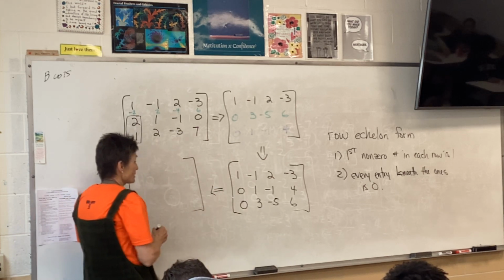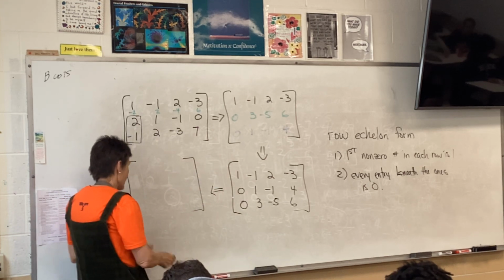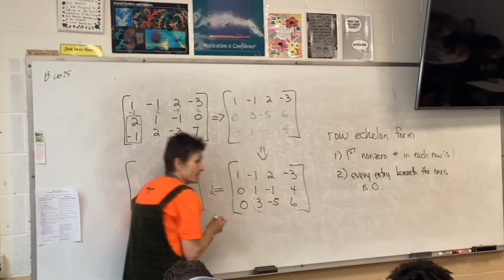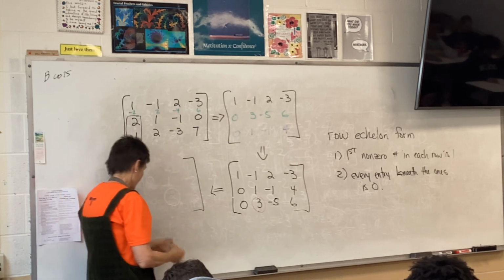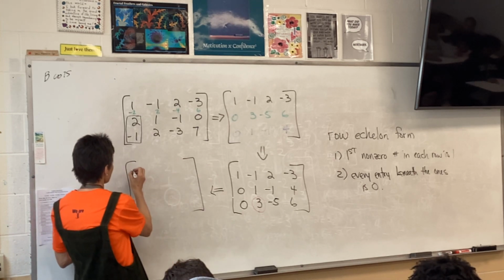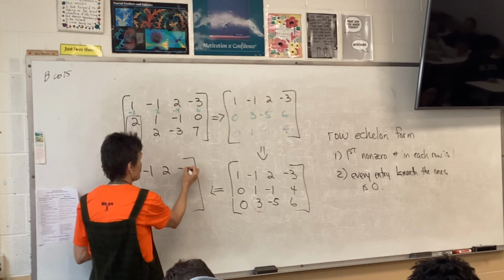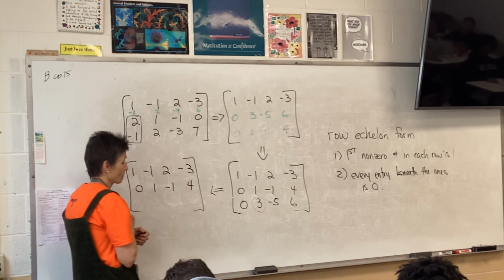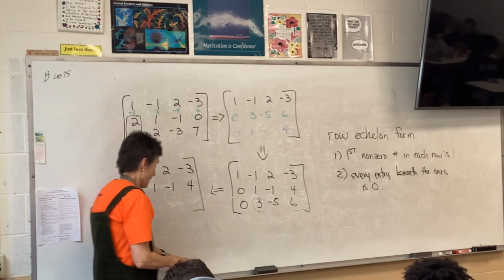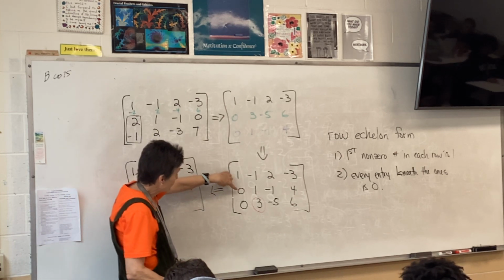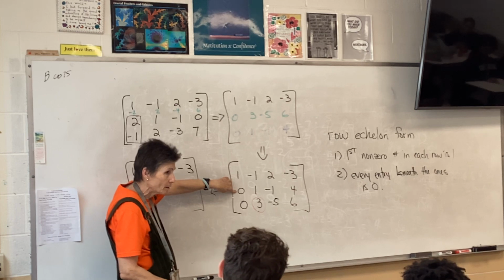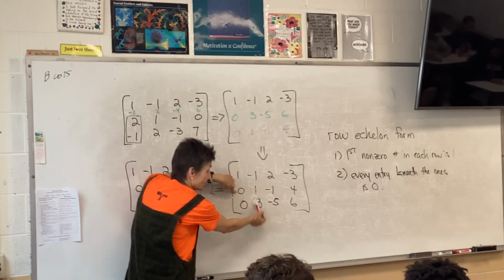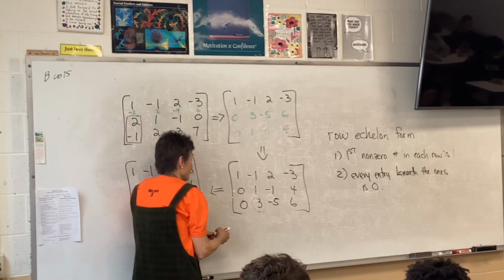I have one more 0 to get, and it is right here. Would everybody agree with that? So I am going to go ahead and recopy my first 2 rows. And now what am I going to do to row 2 so that when I add, I get 0? -3.